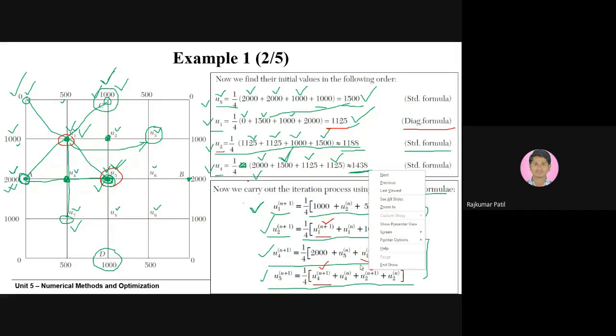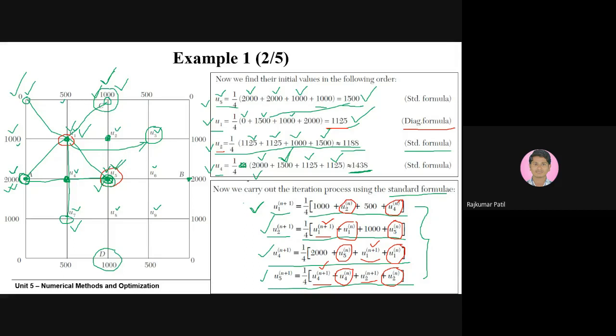At these locations you need to use values of the latest iteration, and for the remaining you can use the values from the previous iteration, because for those the latest values are not available. So this is how you need to prepare these formulas carefully, and please verify whether you are doing it correctly or not.